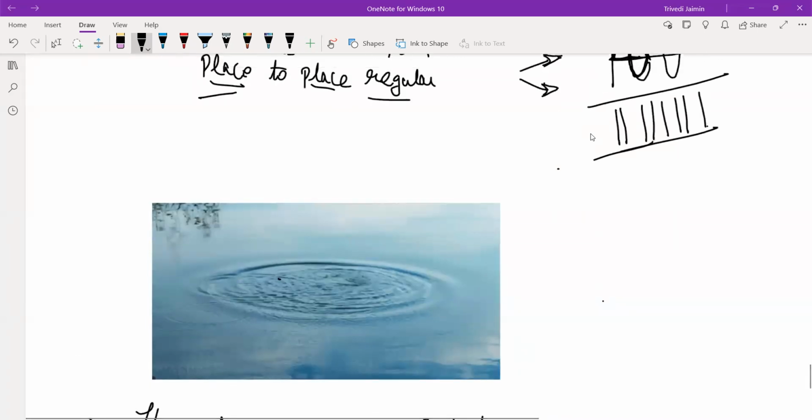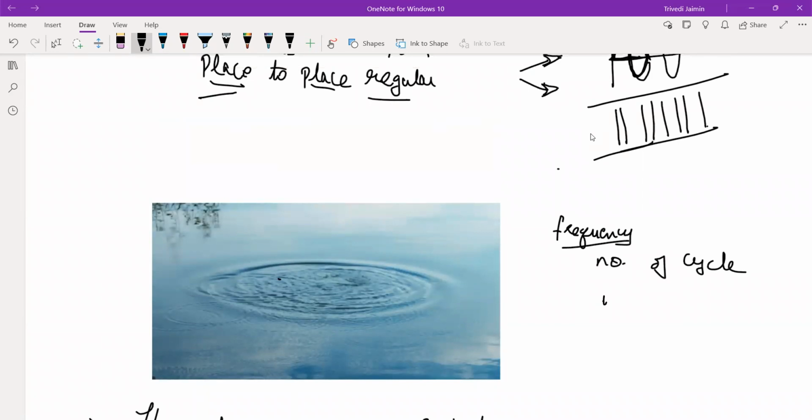We saw some occurrence here, right? We saw some disturbance here. So I can say frequency means the number of these cycles in a unit time. That is frequency.